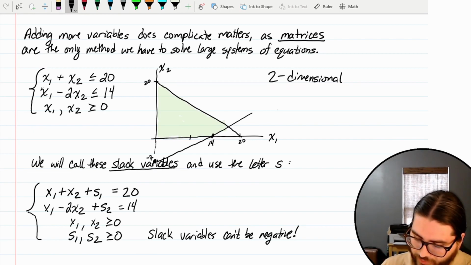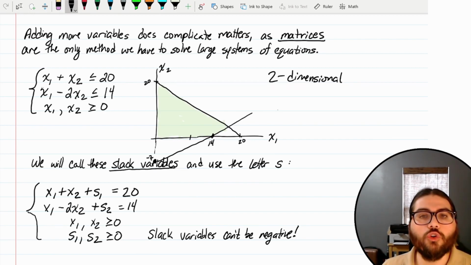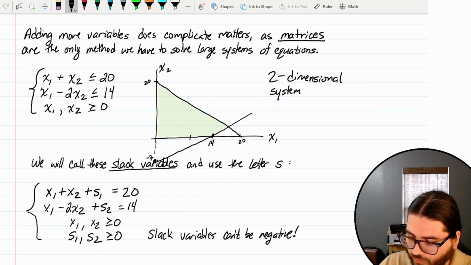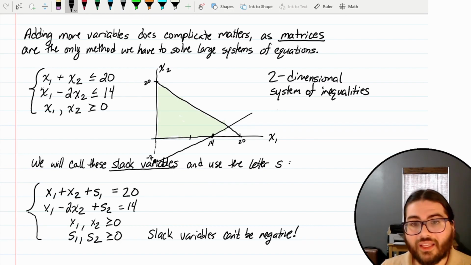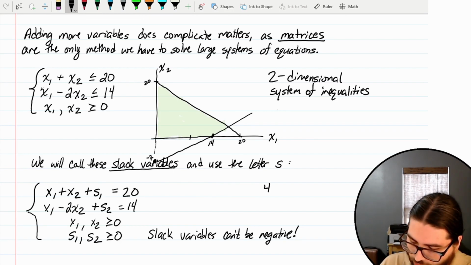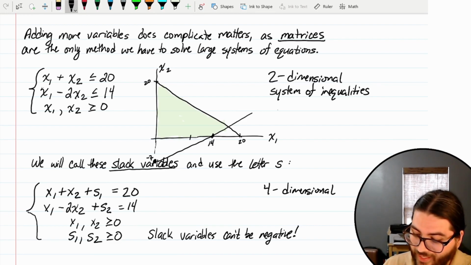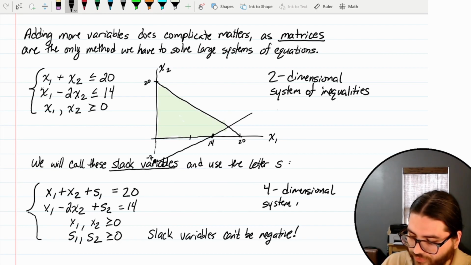So this thing has been transformed from a two-dimensional system of inequalities into a four-dimensional x1, x2, s1, s2 system of equations.